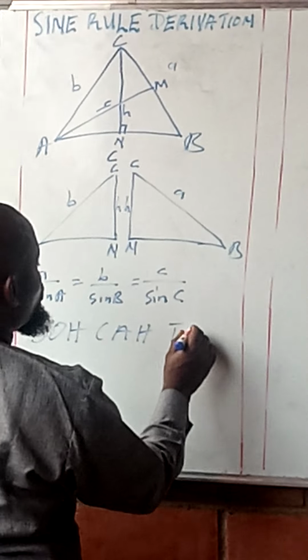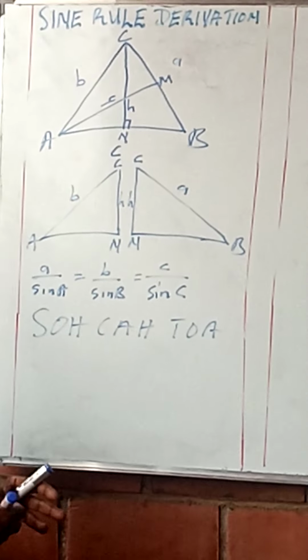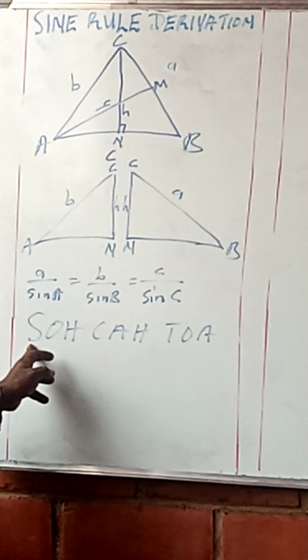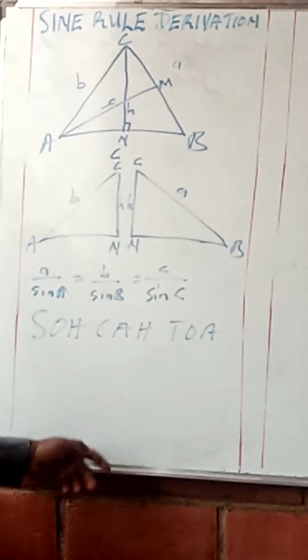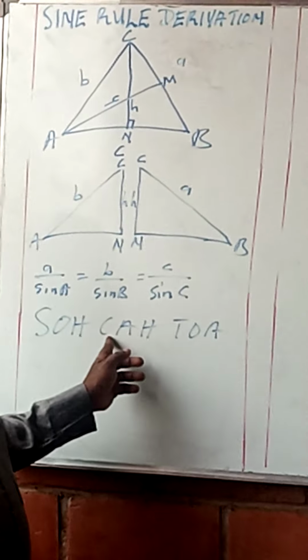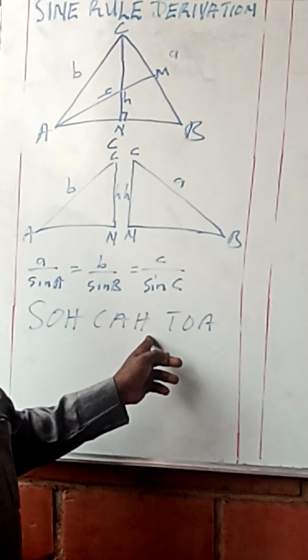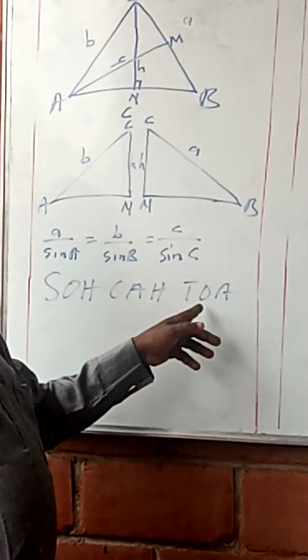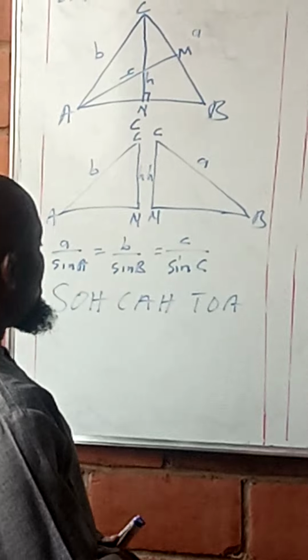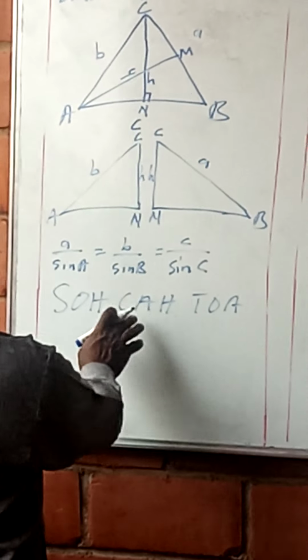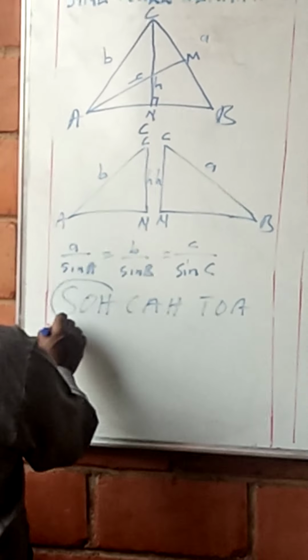SOH means sine of an angle is equal to opposite over hypotenuse, CAH means adjacent over hypotenuse, and TOA is opposite over adjacent. We don't actually need CAH and TOA. This is all we need.